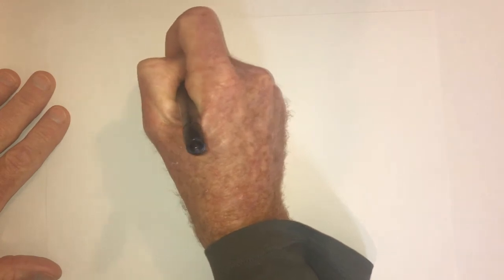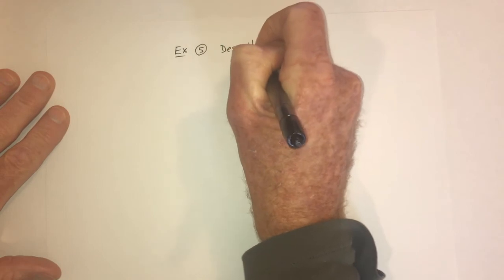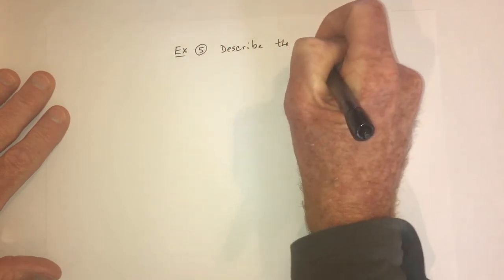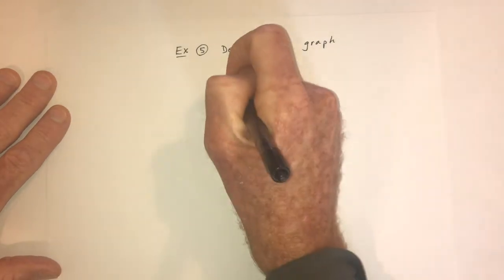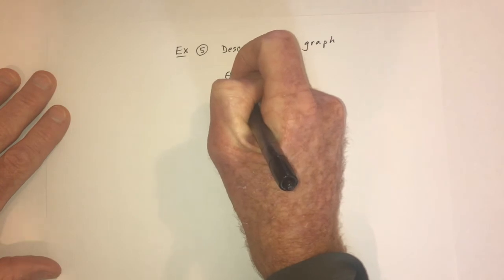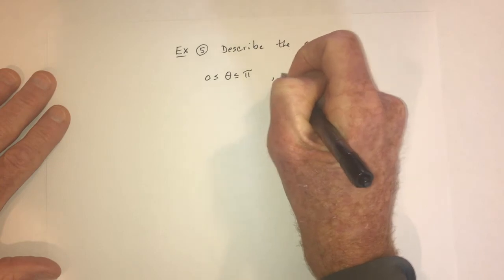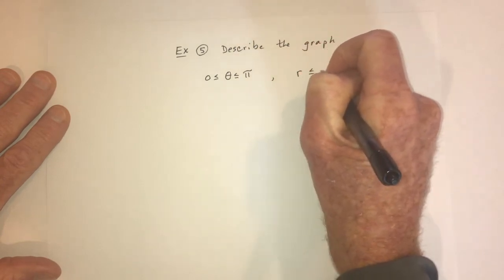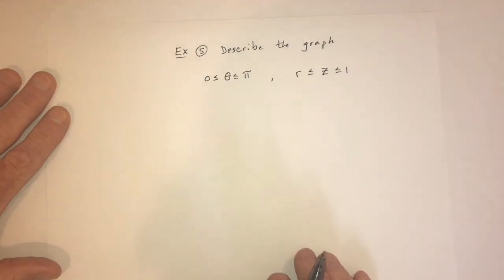Then, for example number 5, make it just a little more interesting. Describe this graph. And all it says is that theta goes from 0 to pi, and z ranges between r and 1.